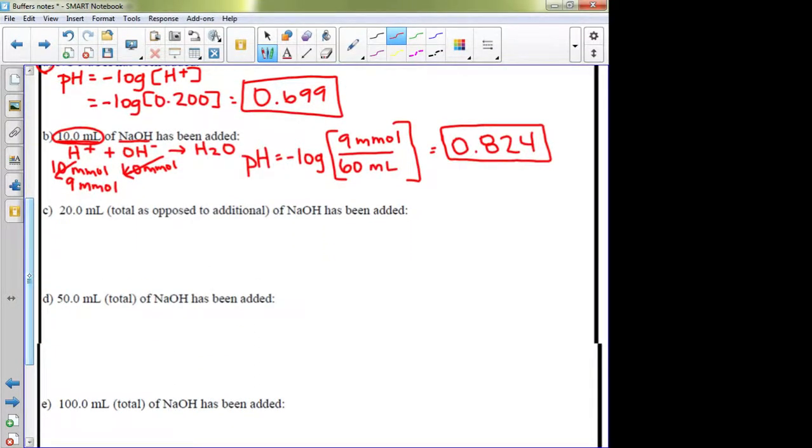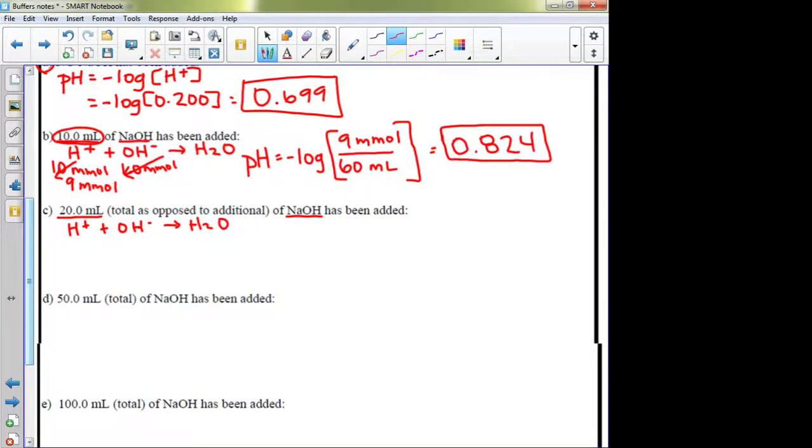So now C says, what if I added 20 milliliters of NaOH? Instead of 10 milliliters in there, now I have 20 milliliters in there. So same thing: H positive plus OH negative goes to H2O.